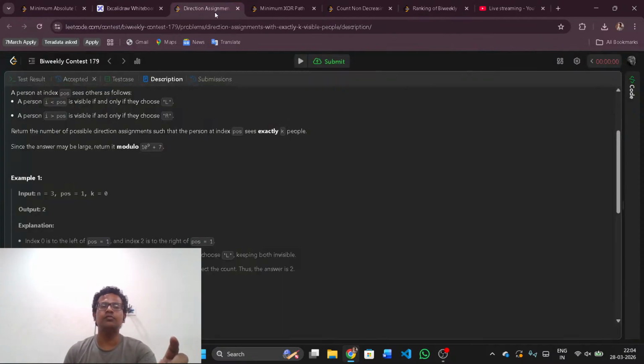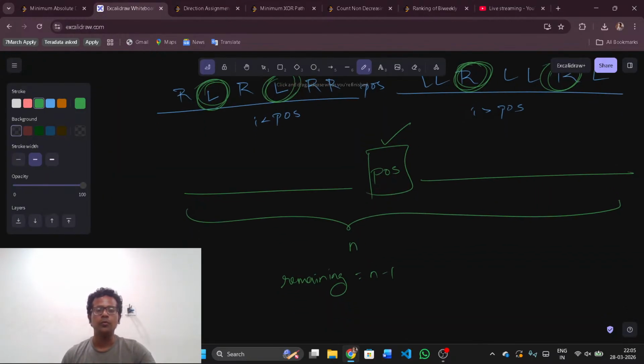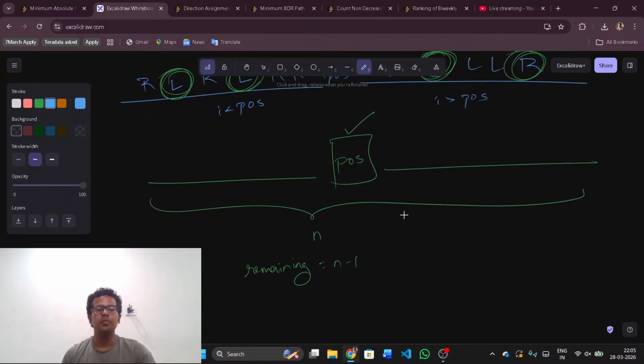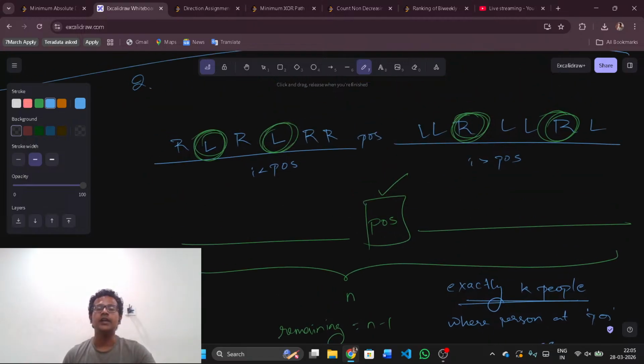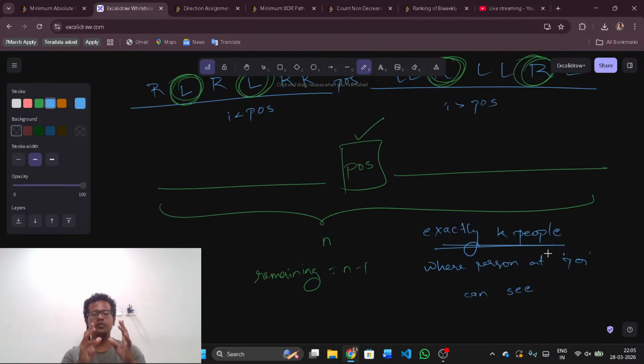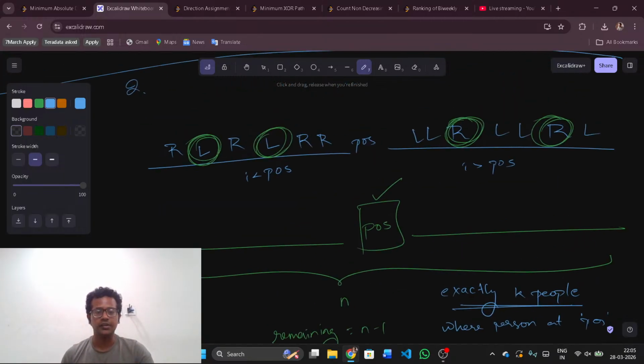From this n minus 1, we need to return the number of possible direction assignments such that the person at index position sees exactly k people. So exactly k people, where the person at position can actually see.